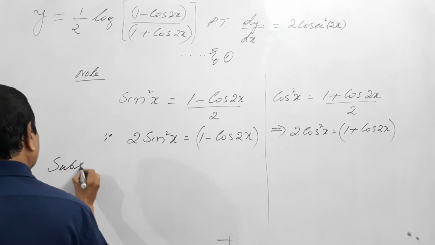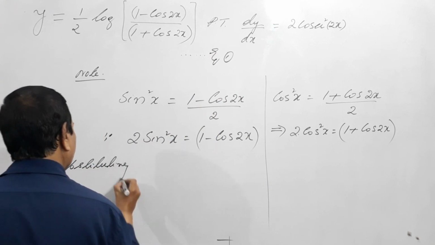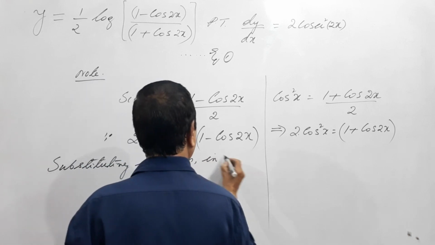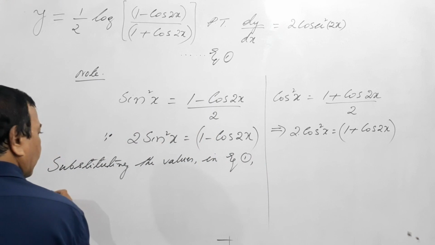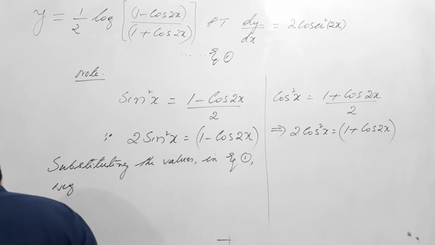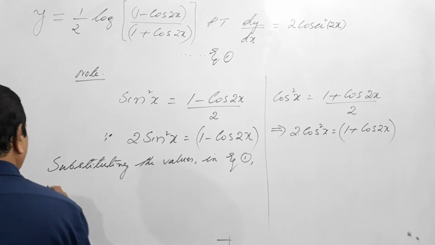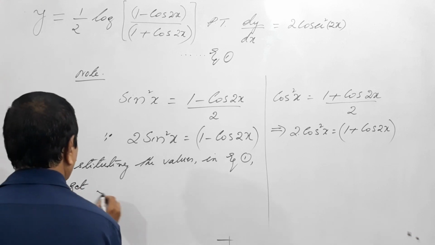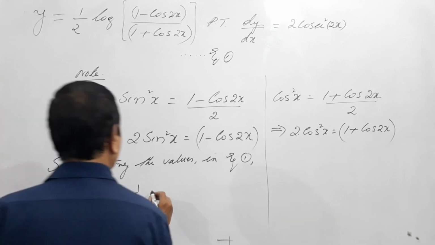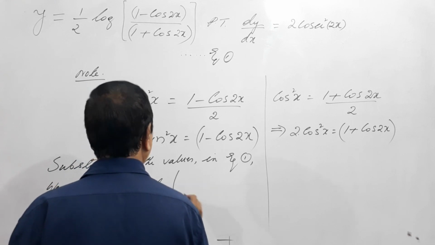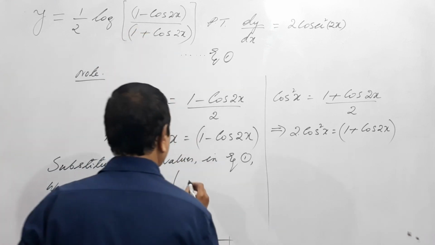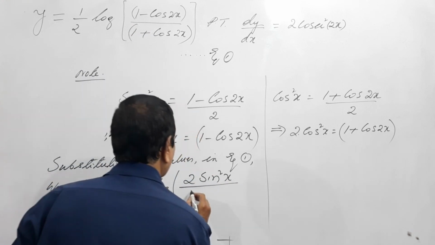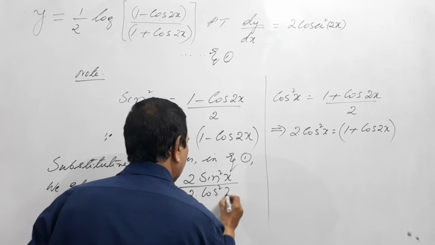Substituting the values in equation 1, we get y equals half log of, writing 1 minus cos 2x as 2 sin square x, 2 into sin square x divided by 2 cos square x.